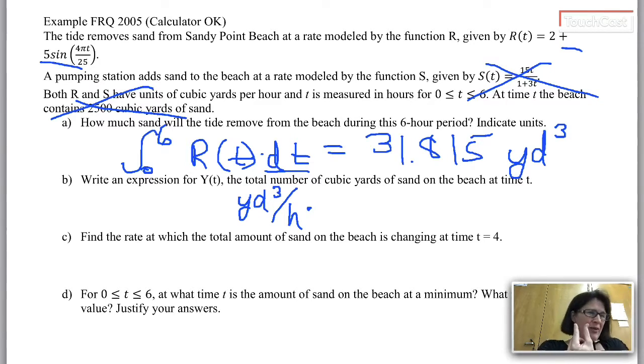So if you can imagine I was drawing rectangles, either infinitely many rectangles or just approximating, the height of every rectangle would be measured in cubic yards per hour, and the width of every rectangle will be measured in hours. So when I multiply cubic yards per hour times hours, the hours will cancel, and I'm left with units of cubic yards. So 31.815 cubic yards.